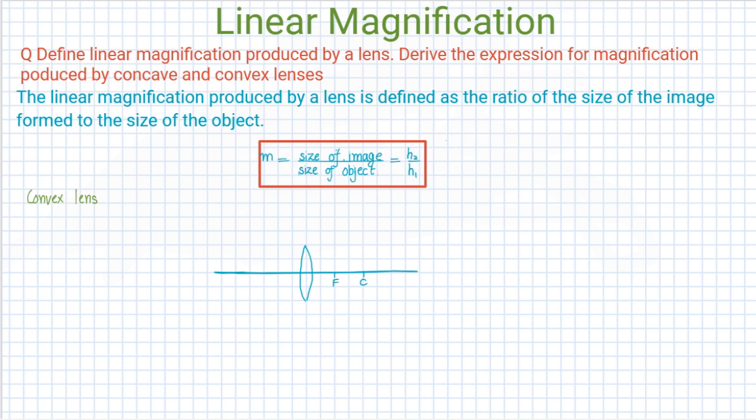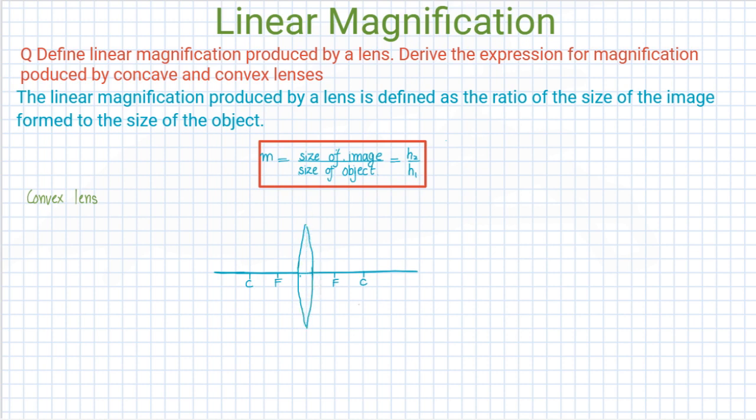Similarly, for the second surface, consider this point as focus and this point as the center of curvature. Fine. Let me draw a little bit bigger convex lens, okay?